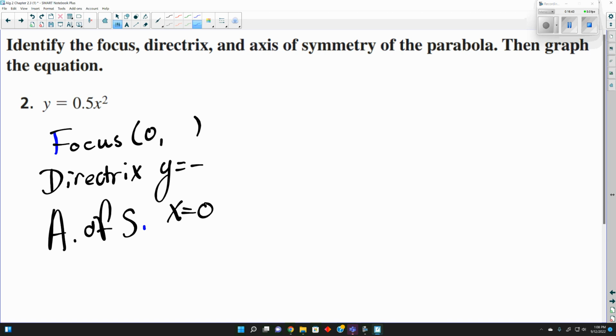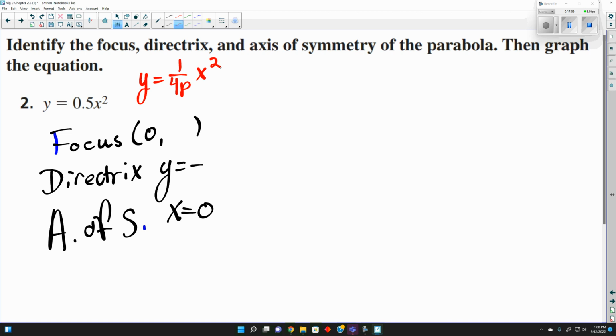But again, we still need to find the value of p. Is the equation in the correct form? Because it's supposed to be y equals 1 over. It is. Right, it's not a fraction. Because all the ones we've done up to this point, the number in front of the variable being squared was a fraction, yes?